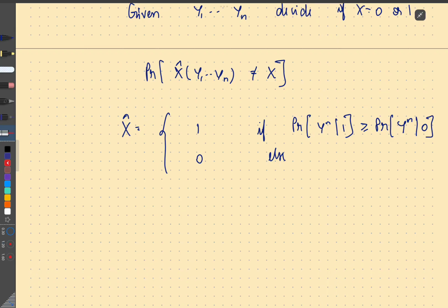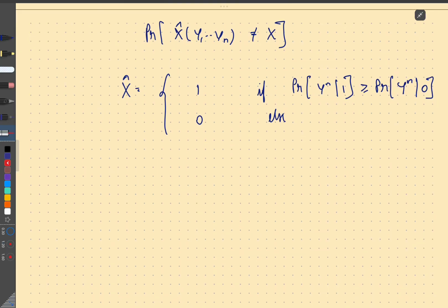But in the case where you only have to distinguish between two different situations, this is what is called the likelihood ratio test. Because I can write this as the ratio of P(Y^n given 1) divided by the probability of Y^n given 0 to be greater than or equal to 1.